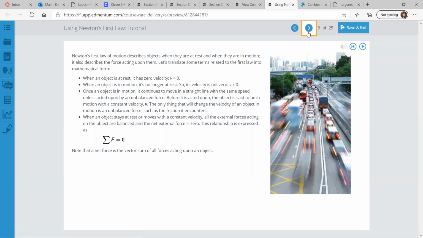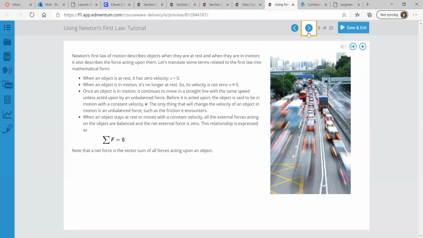Newton's first law of motion describes objects when they are at rest and when they are in motion. It also describes the force acting upon them. Let's translate some terms related to the first law of motion into mathematical form. When an object is at rest, it has zero velocity, v equals 0.